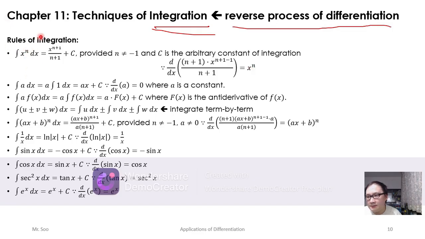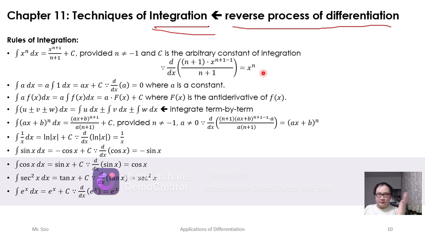So what I'm trying to say is, the integral of x to the n with respect to x is x to the n plus 1 divided by n plus 1 plus c. Likewise, the derivative of the right hand side is the left hand side, like what I showed you here.